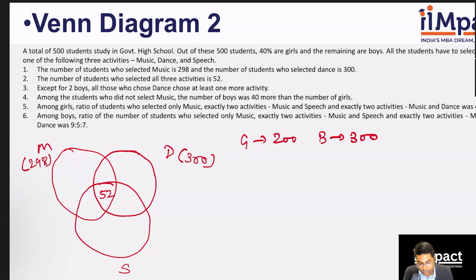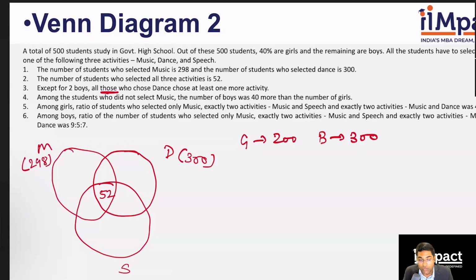Except for 2 boys, all those who chose dance chose at least one more activity. Now, what does "those" refer to? Boys or students? Students. This was one of the traps in this set. A lot of aspirants might think it's talking about within the boys.